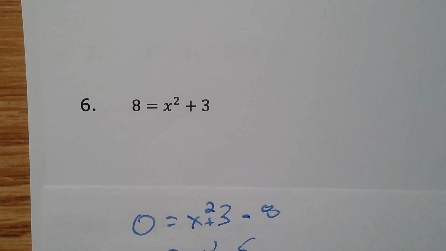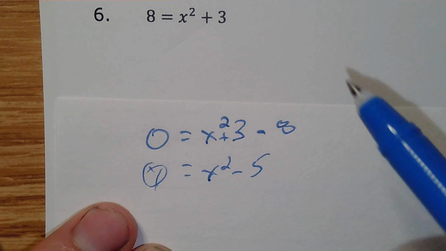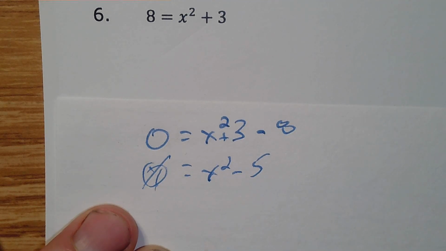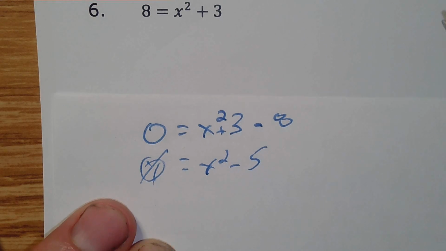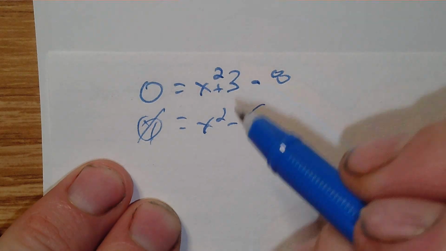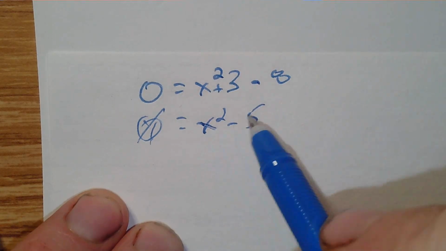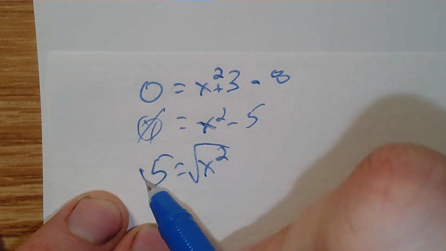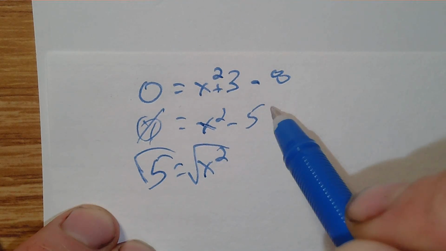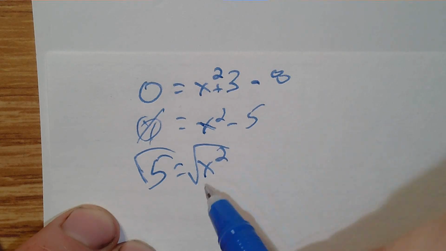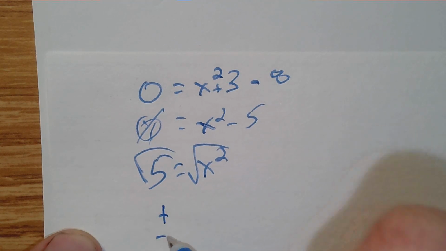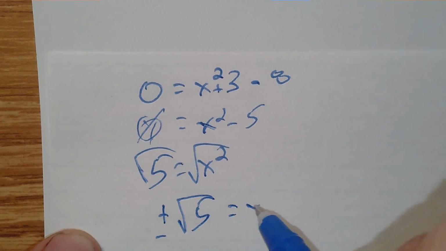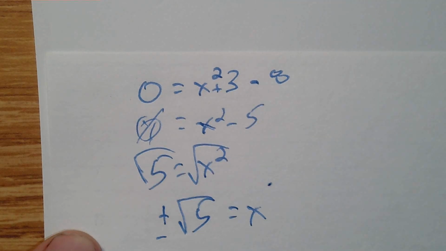If this was y and y was 0, that would give me the x-intercepts, or the roots, the square roots of this term. So it becomes 5 equals x squared, so I take the square root of both sides, and the positive or negative square root of 5 equals x, and that's it.